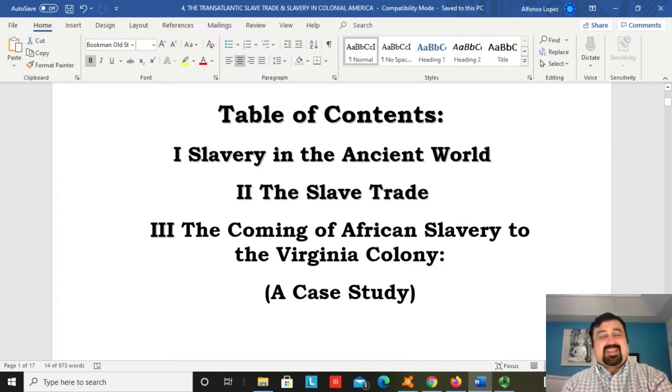But it was predominantly, again, the most important system of labor for the southern colonies. So we're going to just look at Virginia just because it serves as a very good case study for how and why the British colonists, in this case the Virginians, decided to import slaves and adopt this institution, this system of labor, that is to say.